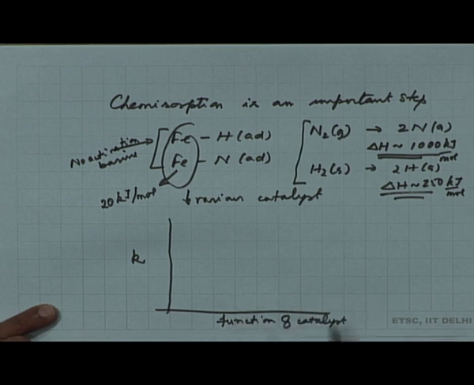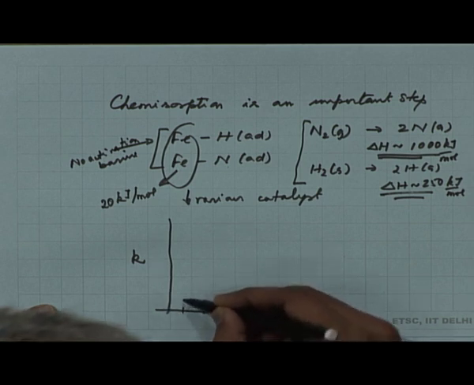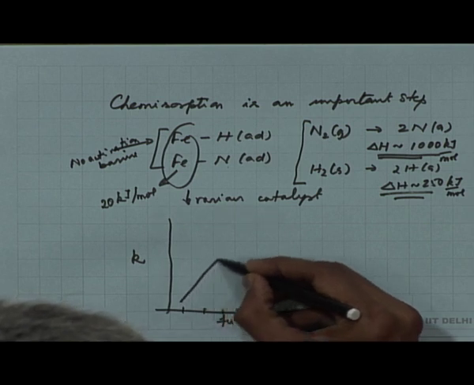let us look at the first row transition metal elements. As you move along this, you have different transition elements here. As you move along this, the heat of adsorption will keep on increasing.